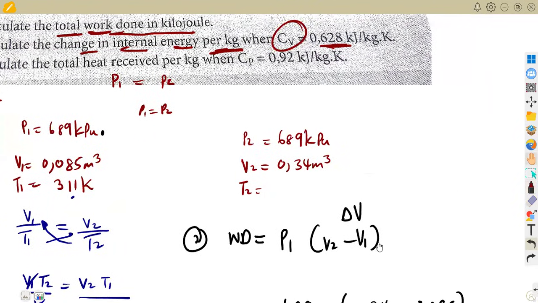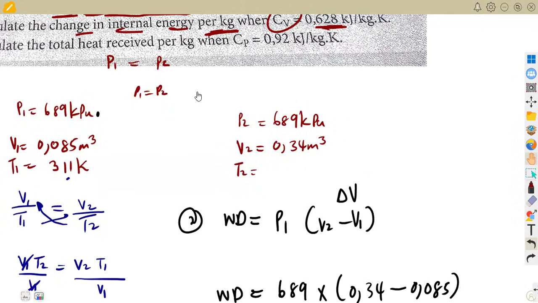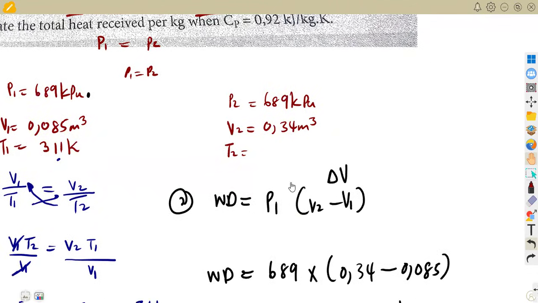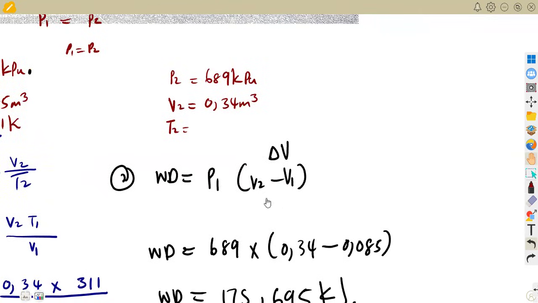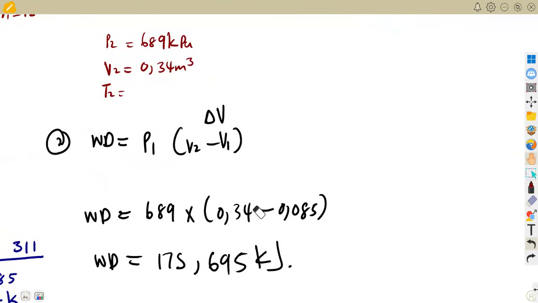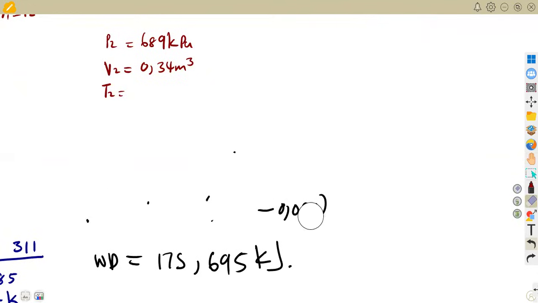So in this case, if the answer is needed per kilogram, it means we are using our mass. This is the idea here. Or I can just erase some of these things, guys, because I just need this space, so that we do not have a challenge. Let me just do this quickly.